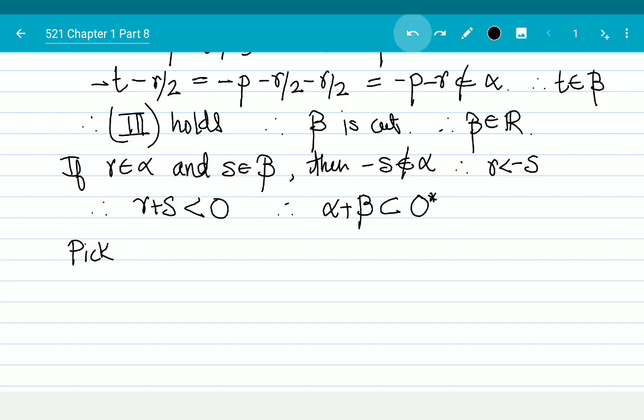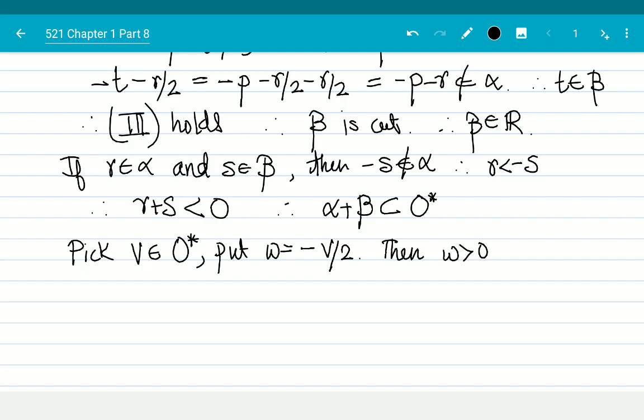No, let's take, I want rational, so take V belonging to 0 star, put W is equal to minus V over 2. Okay? Then, well, if V belongs to 0 star, 0 star is a set of all negative numbers. V over 2 is negative, so minus V over 2 is then positive. So W is greater than 0.